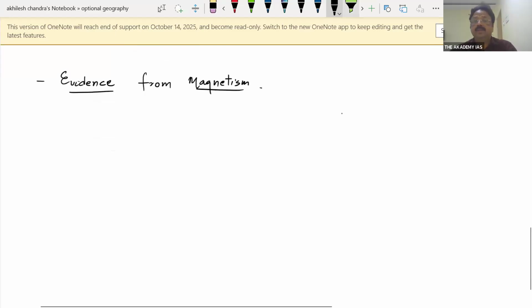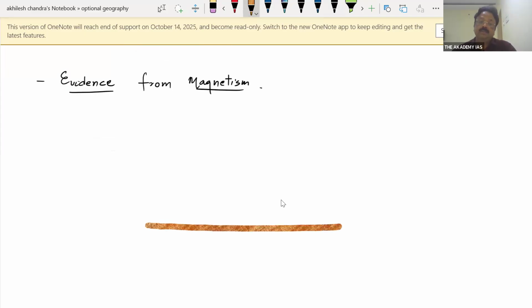Suppose that there is a crust, and this crust is having a certain volcanic eruption. This is the earth crust and there is a volcanic eruption and there is a lava flow that has taken place. This is the lava flow. So on the crust, because of volcanic eruption, this is the lava flow that has taken place.